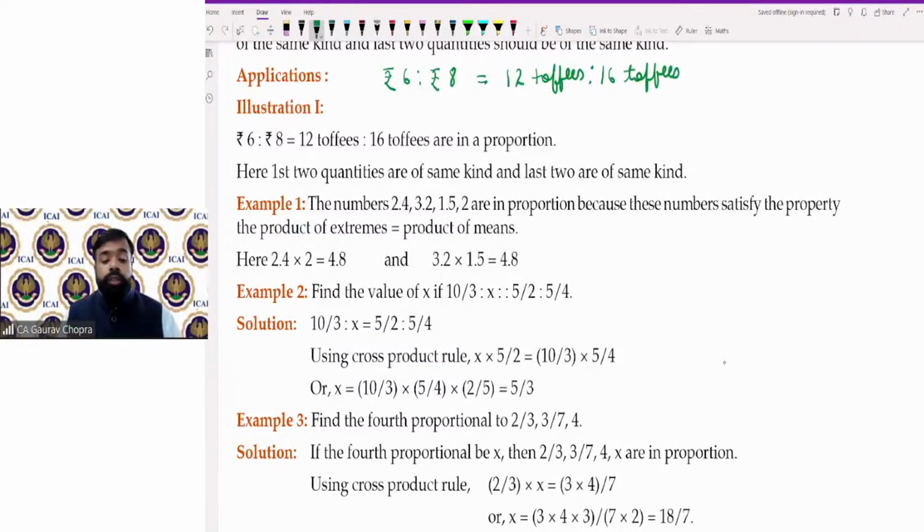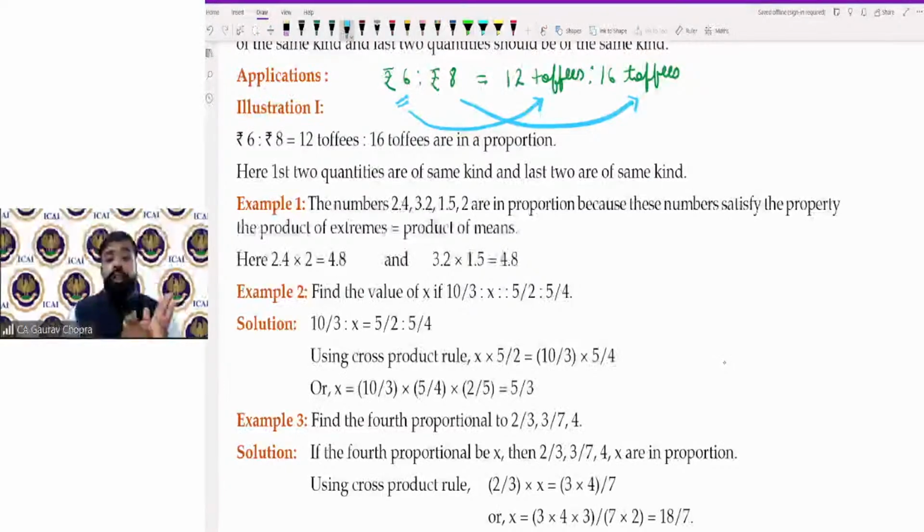Now see what this denotes. It means that in ₹6 we get 12 toffees, and in ₹8 we are getting 16 toffees. Now whether these two are in proportion or not, this we have to clarify.